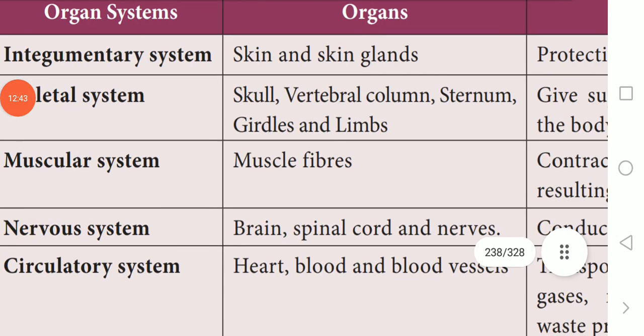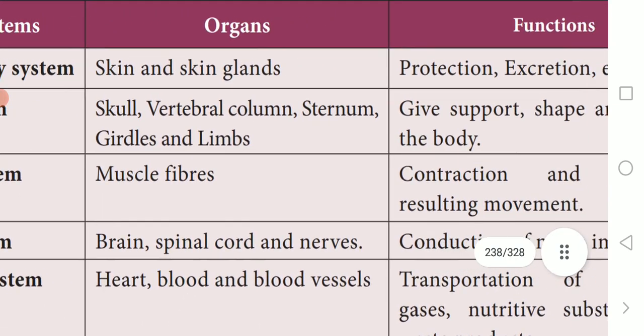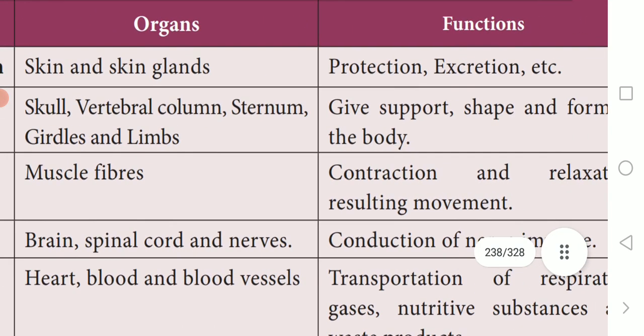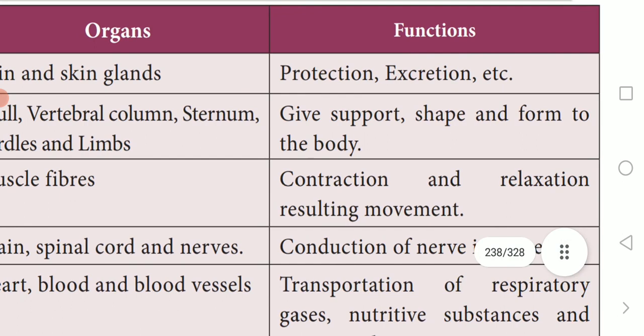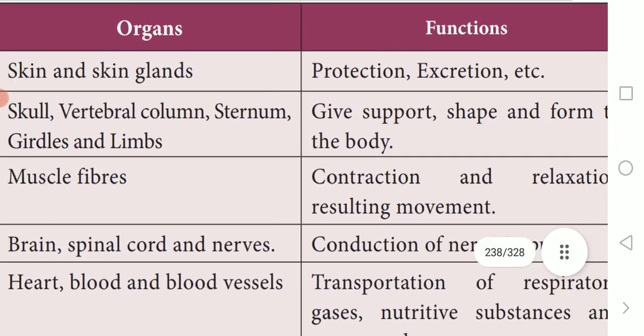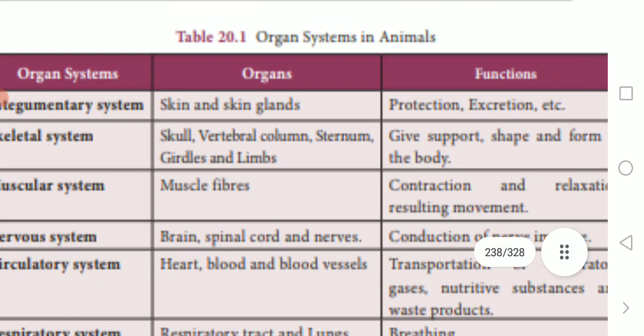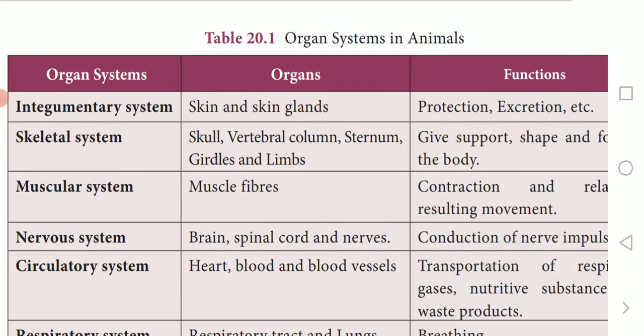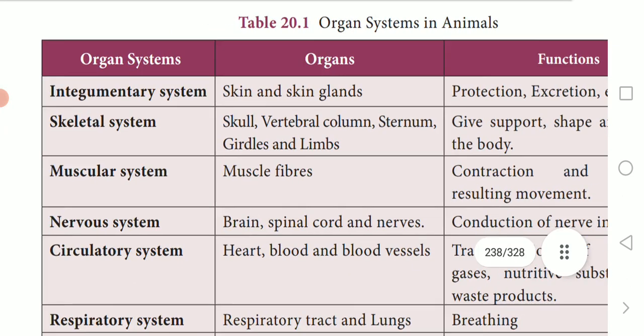Skull, vertebral column, sternum, girdles, and limbs. What are the functions of this one? They give support, shape, and form to the body. The skeletal system gives proper shape and supports, that's what they say here.